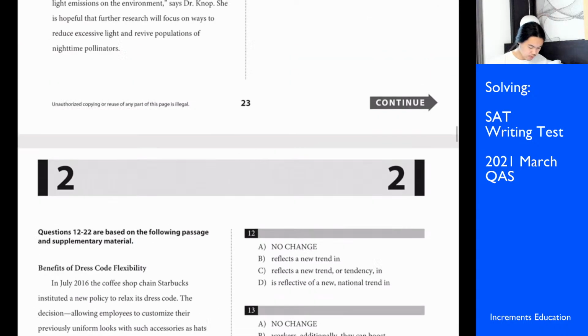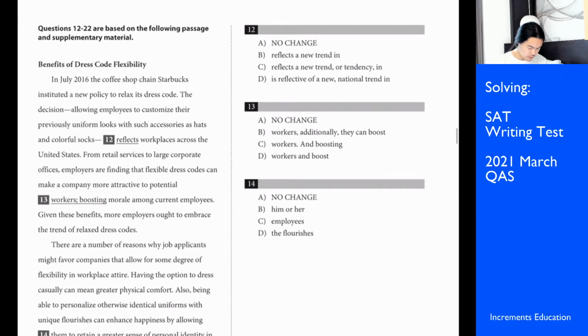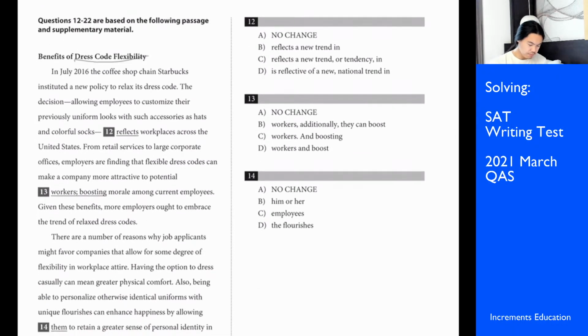It's not too long though. I think I'm just rushing. I'm rushing. Dress code, flexibility. Yeah, you can't reflect workplaces.